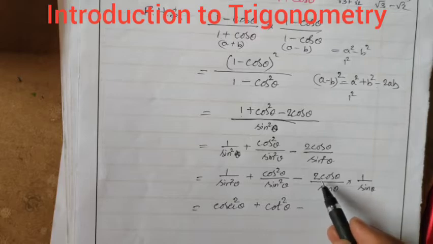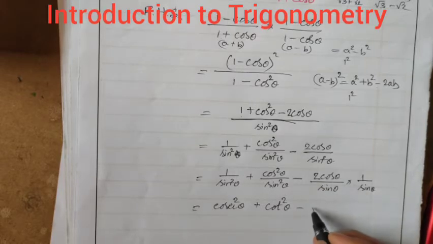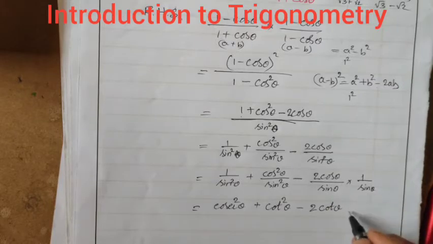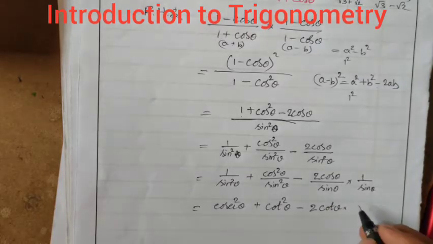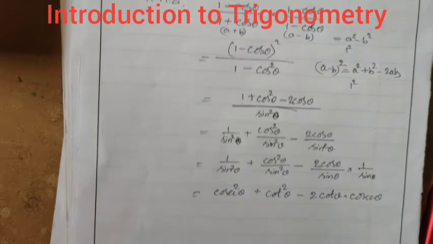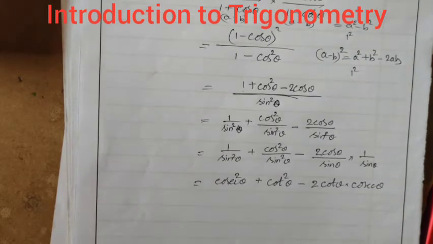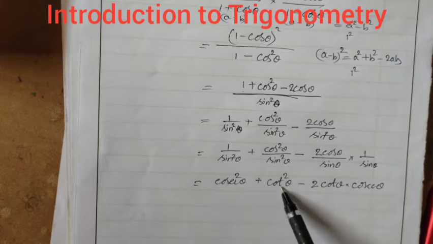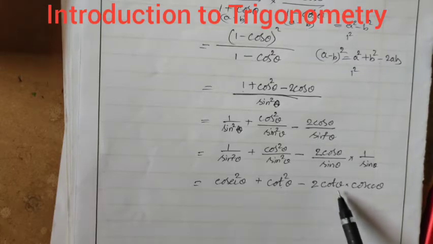And 2 cos by sine means 2 cot theta. And the reciprocal of sine is cosec theta. Now we can observe this one again: cosec square theta plus cot square theta minus 2 cot theta into cosec theta.